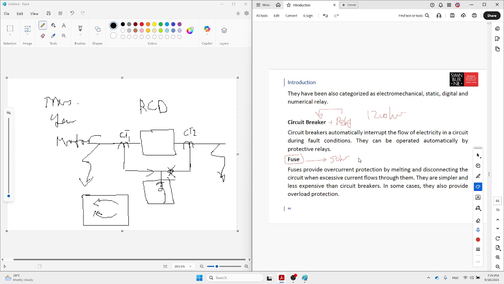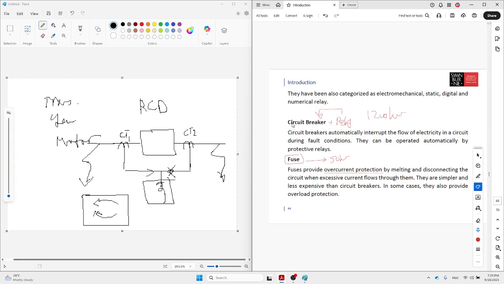New types of fuse that can be reset are also available in the market, but the old-fashioned ones for sure must be replaced. In the electrical machine lab and power protection lab, I will show you the old-fashioned fuse which must be replaced when it operates. So in the case of overcurrent, both systems, whether circuit breaker, relay or fuse, operate, but the fuse must be replaced. The circuit breaker can be reset.